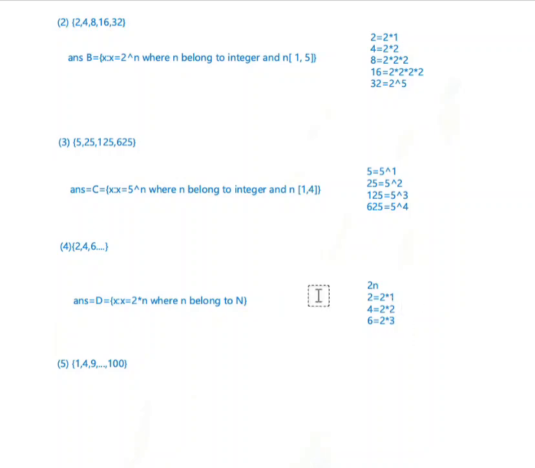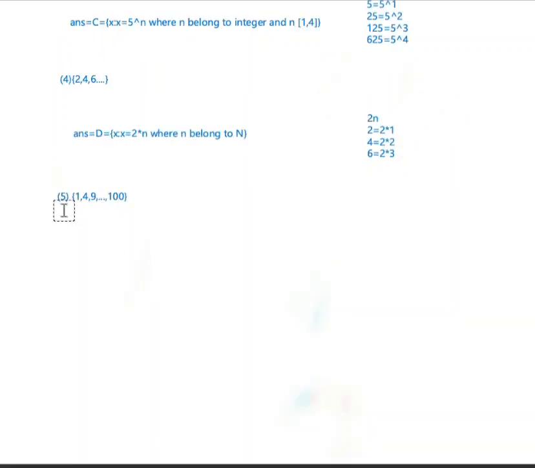This starts from 1 because we are writing natural numbers, so it is common that it starts from 1 and goes till infinity.